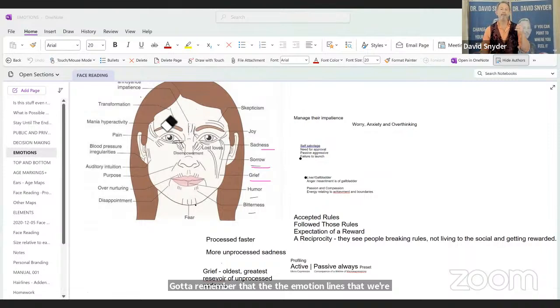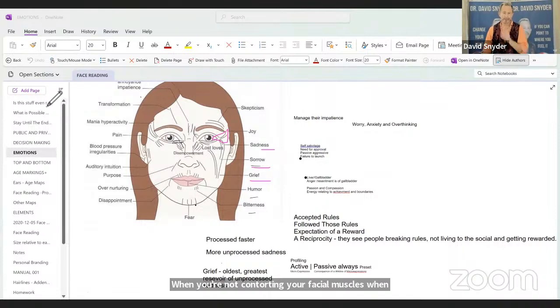Most of us will have some of these lines present when we're not making an expression, which shows that you've done a lot of it. Other times, these markings will only appear when you're making a specific expression. The lines that are the most telling for us are the ones that are present when you're not contorting your facial muscles, when you're not making a specific expression.